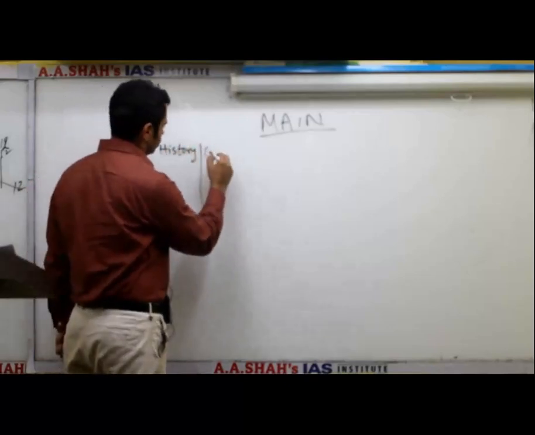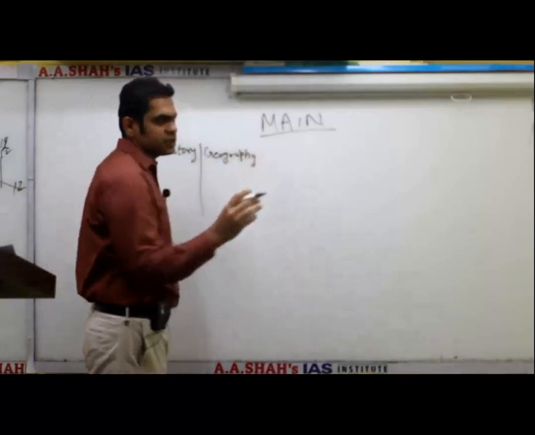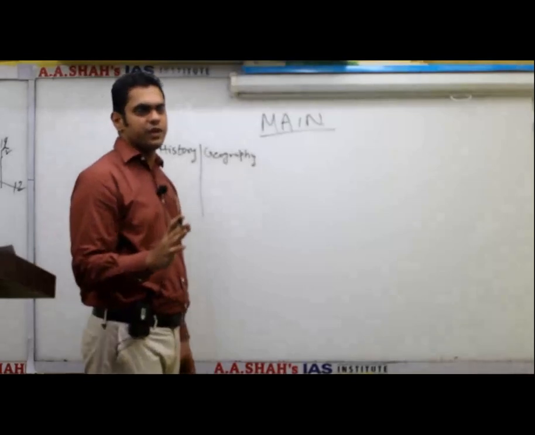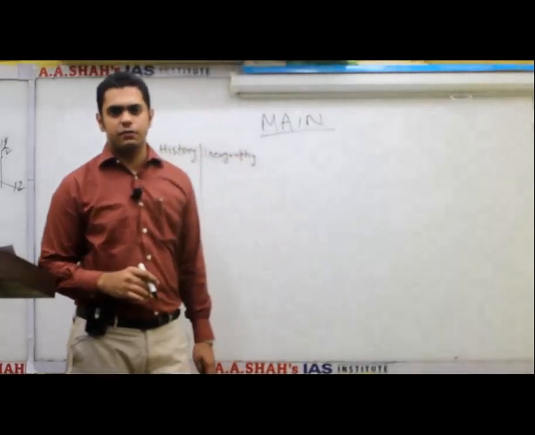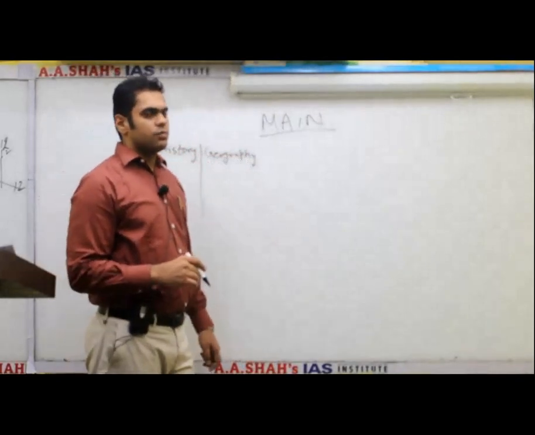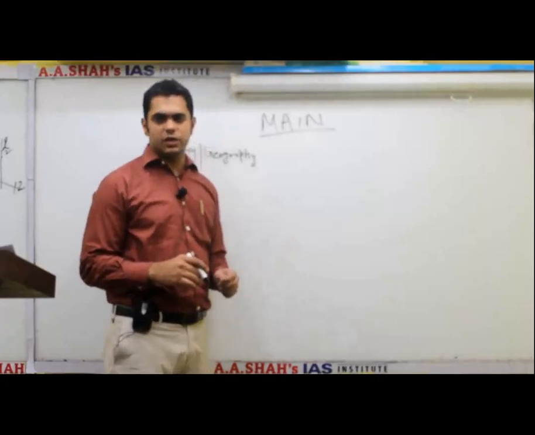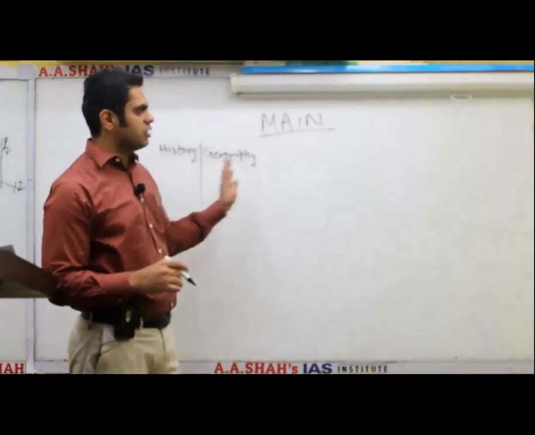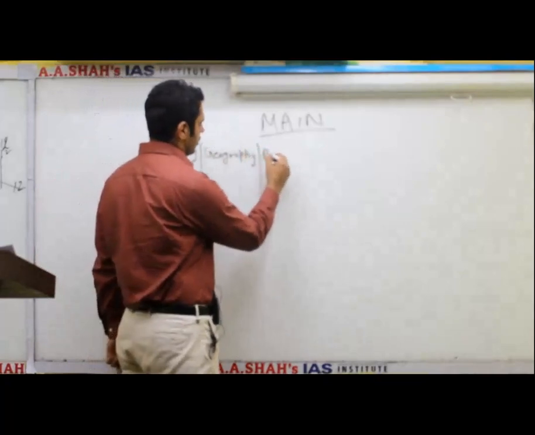Another optional popular is geography. This is based on the last 10 to 15 years of UPSC exams and the data collected from them. Most of the students, around say 80 to 90% of the students appearing in the mains examination, take optionals amongst these. Third optional could be your pol science.